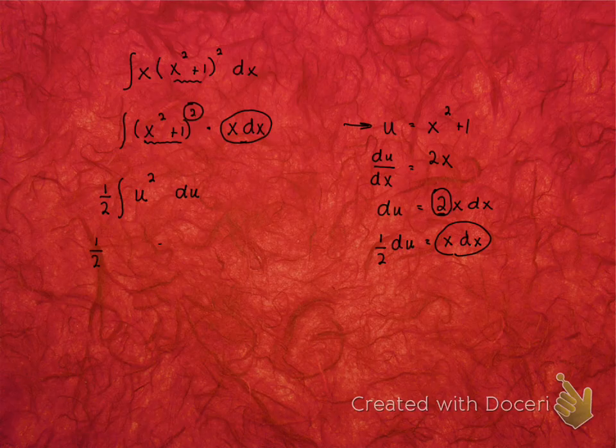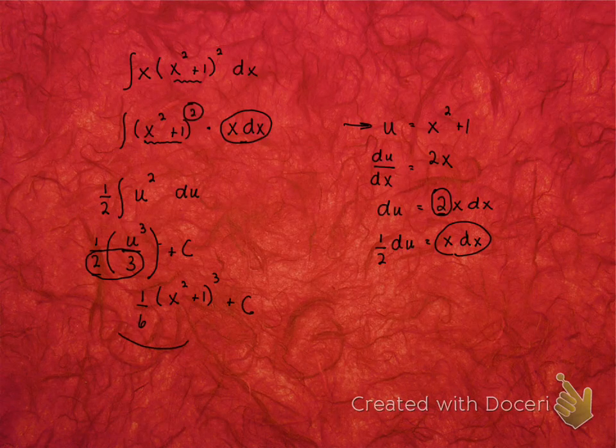So the antiderivative of u squared is u cubed over 3 plus c. Okay? So 1/2, multiplying those two denominators, I get 1/6. Okay, 2 times 3 right here. And then putting the u back in as x squared plus 1 cubed plus c.